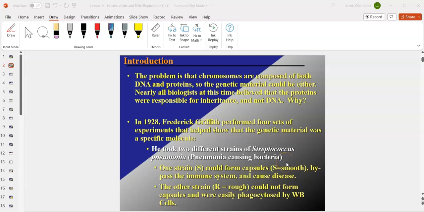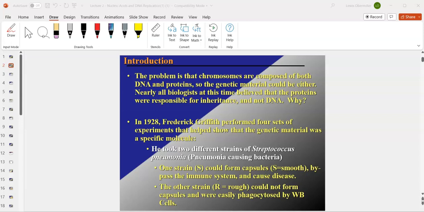So, in fact, most scientists were team protein at this time, and the reason is that if you look at the alphabet of DNA, there are only four letters, and hopefully you guys know this. It's A, G, C, and T. And in proteins, there are 20 letters, 20 different amino acids. I don't necessarily need you to know those for genetics class.